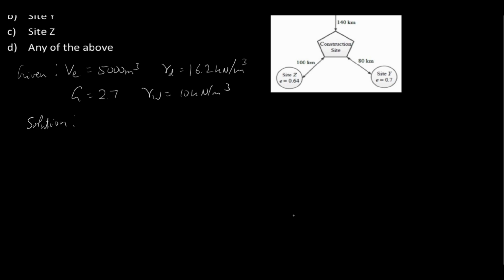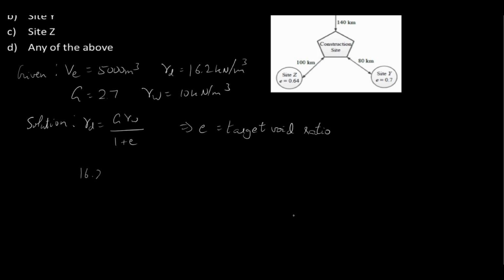So from the functional relationship, we know that gamma D is equal to G gamma W by 1 plus E. So from this, we can find out the E, which is equal to the target void ratio.